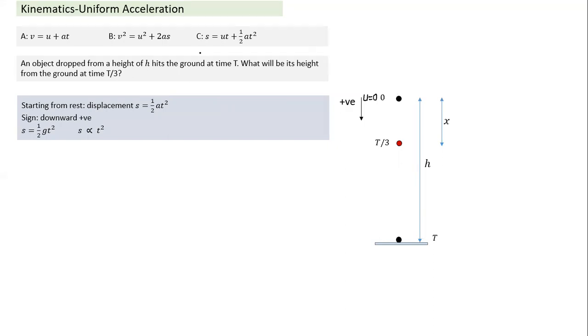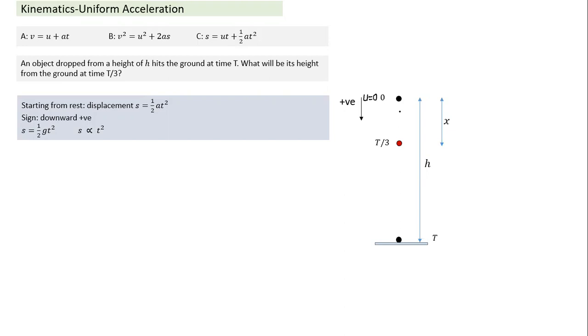If I take this equation, u becomes 0. So displacement is equal to 1 by 2 g t square. In this case, I have taken downward direction as positive. Please note downward direction is positive. Hence, g also becomes positive. So what I notice here is displacement is 1 by 2 g t square, or displacement is proportional to the square of the time.